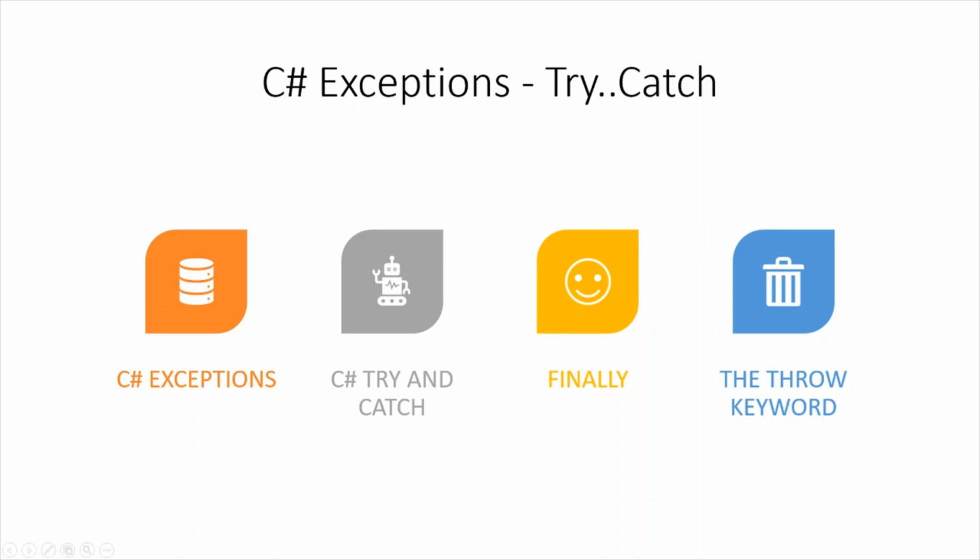For that you put a try block, and then if any exception occurs, you handle that exception, and then you can put a finally block to execute ultimate code which needs to be executed in case of exception as well as in the normal case, and then you can throw that exception so the final user can use it. We will talk about it in other videos. I just wanted you to know there are exceptions, and there is a thing called try, catch, and finally which you can use for your application.